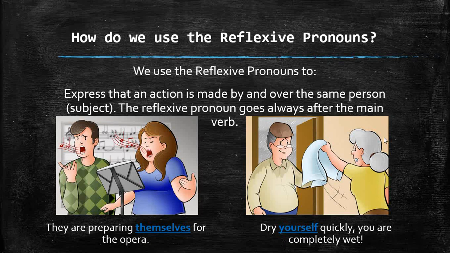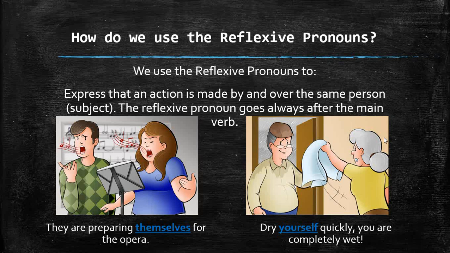Now, how do we use the reflexive pronouns? We use the reflexive pronouns to express that an action is made by and over the same person, in this case the subject. The reflexive pronoun always goes after the main verb in a sentence.